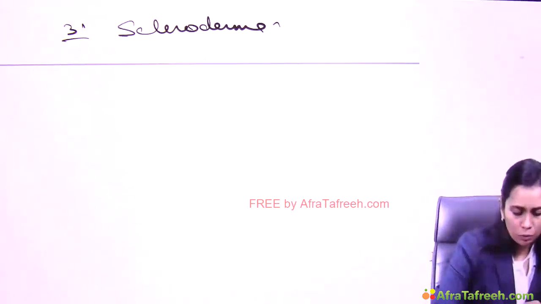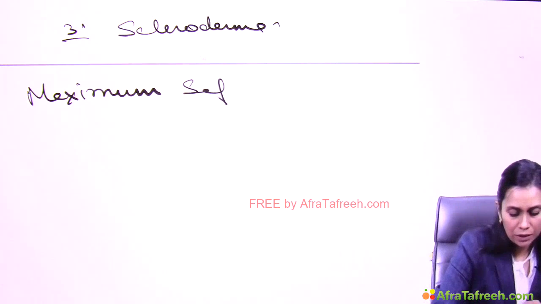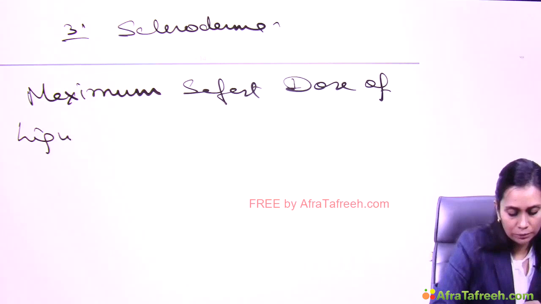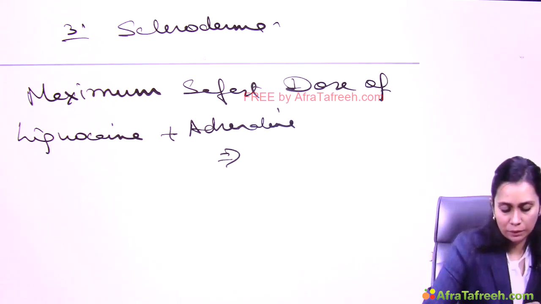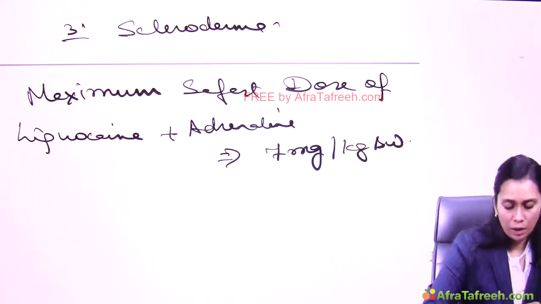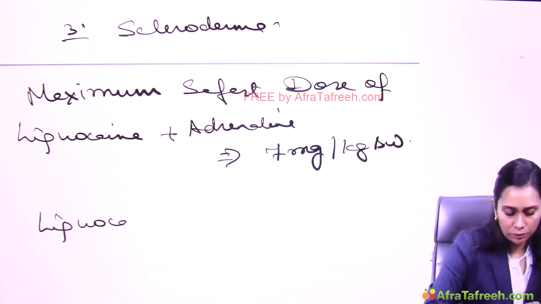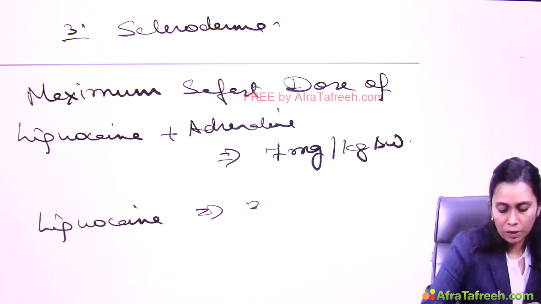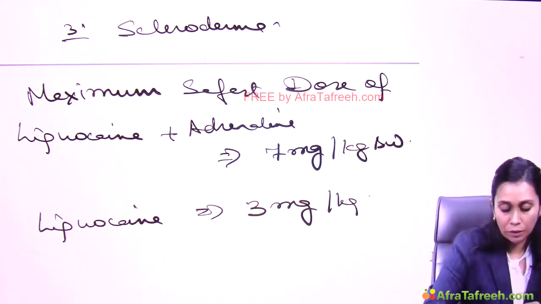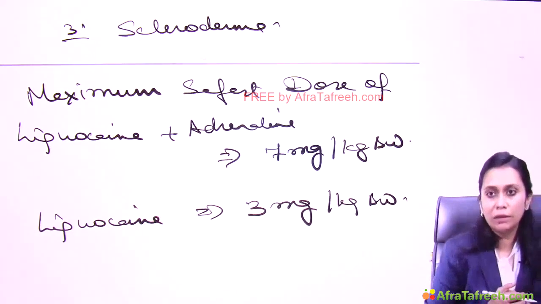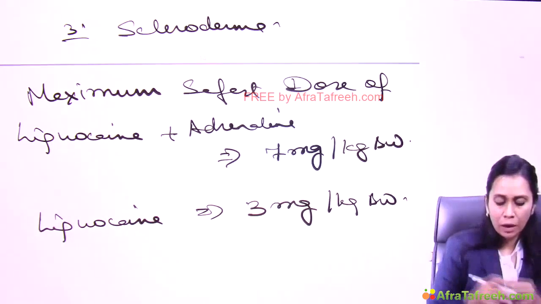Okay, so what is the maximum safest dose of lignocaine plus adrenaline for a block? It is 7 milligram per kg body weight. Okay, alone it is 3 milligram per kg body weight. Very important from the exam point of view, we have to memorize.